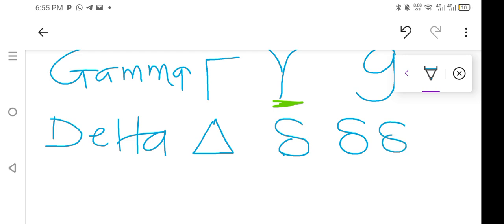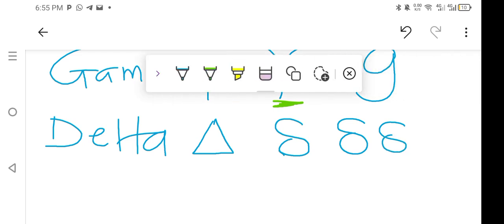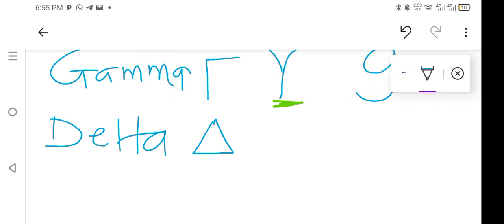That is how you write the lowercase, the small letter for delta. Like you're writing an S and then you complete the curve. The only difference is that the upper part, this part for the S, is not complete.